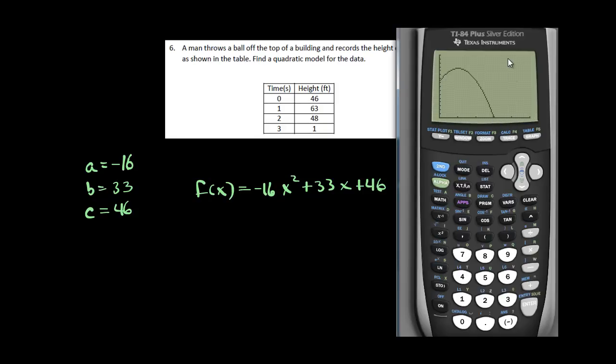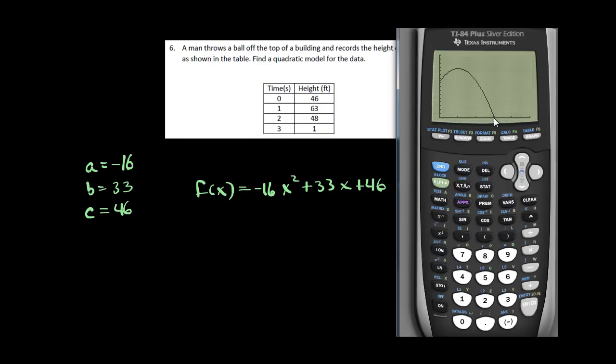No, because 4 doesn't have an output. Well, it would technically have an output, but it's way down in the negatives. But height being negative makes no sense. So what we want to do is have it from 0 up to where it hits 0 here, where it hits the x-axis.